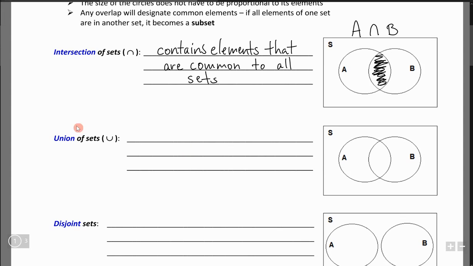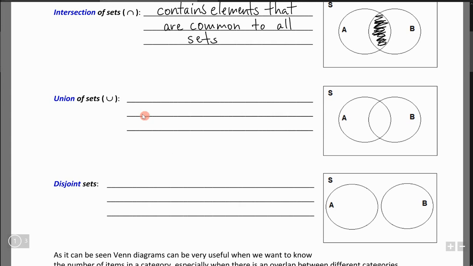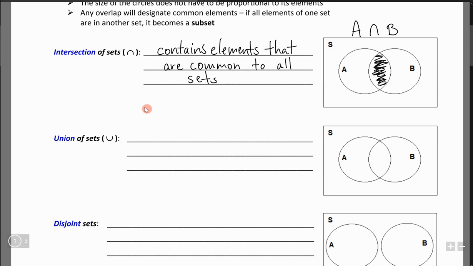Then you have a union of sets, which looks like a very wide U. And a union of sets, when you have two overlapping sets, set A and set B like this, what we refer to is not just the overlap, but the entire thing. We're joining all the elements from A and all the elements from B to make this union.